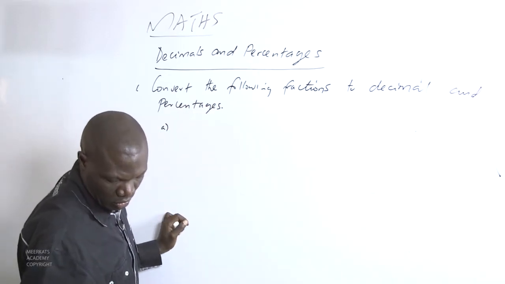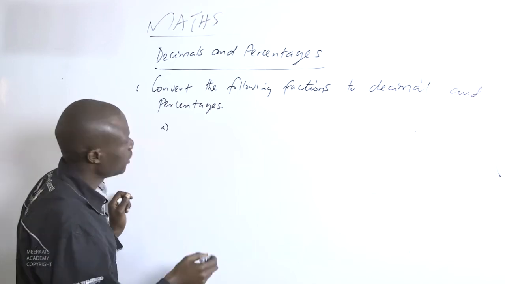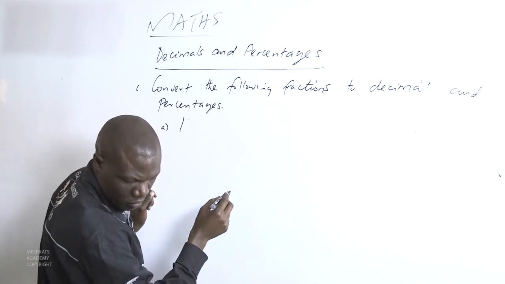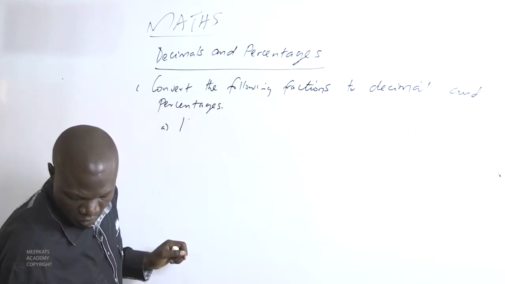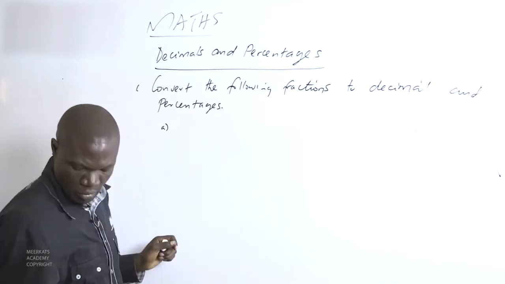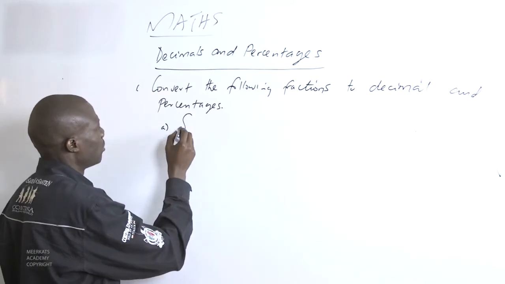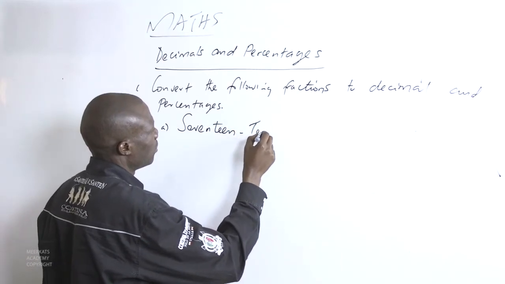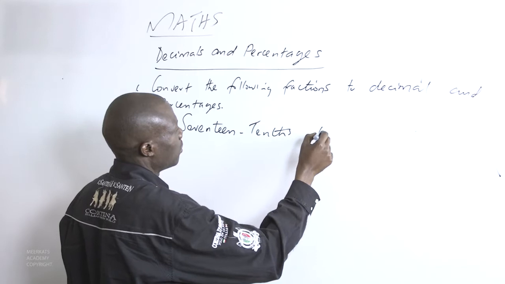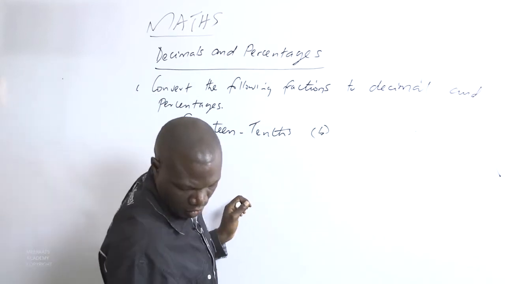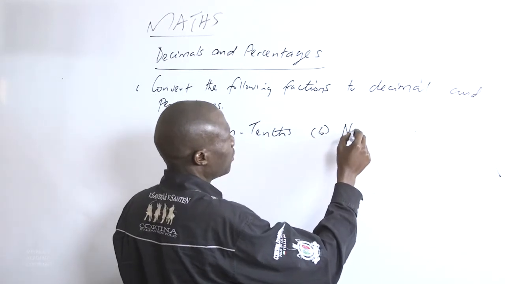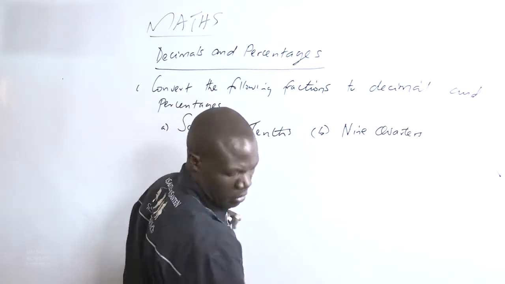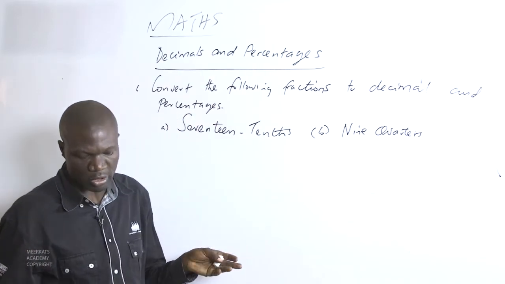The first one is 17/10, and the second is 9 quarters.